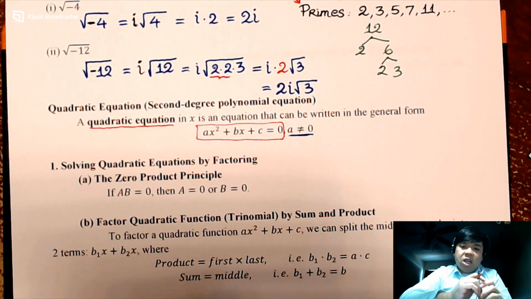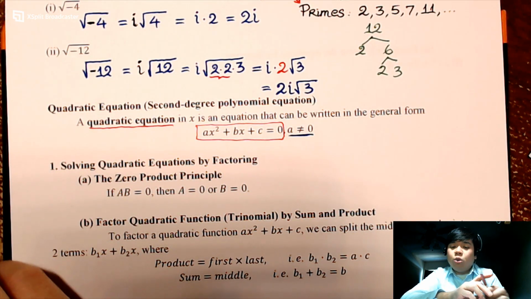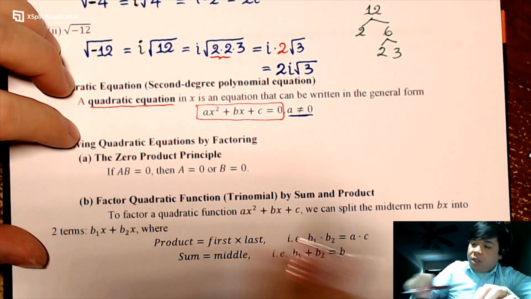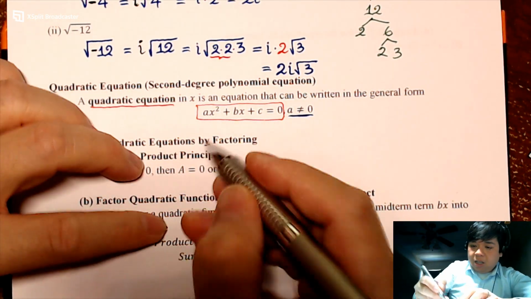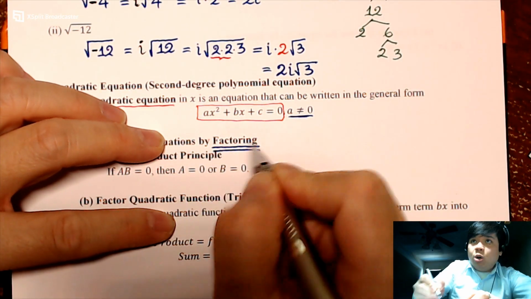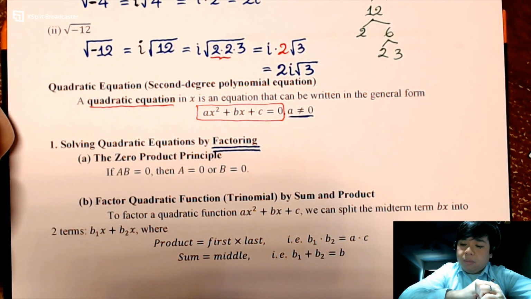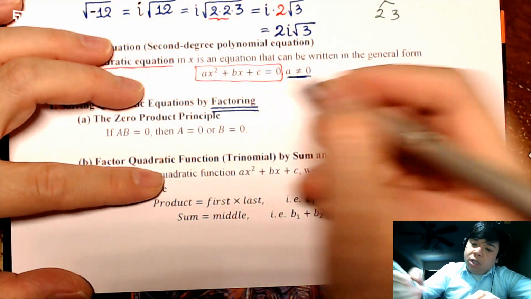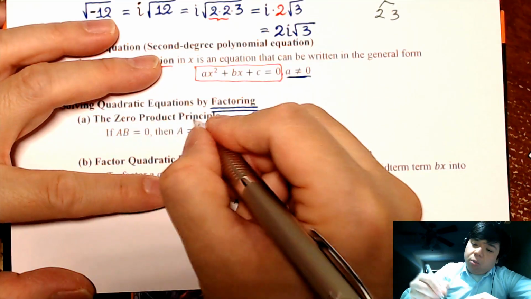Right. So in this section, there are 3 different ways to solve a quadratic equation. The first one is by factoring, then completing the square, and the quadratic formula. So by factoring, meaning using the zero product principle.